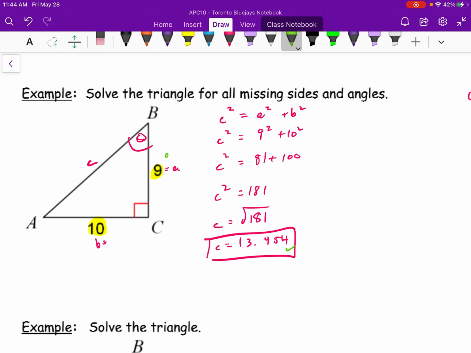Regardless, if that's theta, this is going to be adjacent, and this is going to be the side opposite. So I know that tan theta is equal to opposite over adjacent. Tan theta is going to be equal to 10 over 9. So theta is going to be the inverse tan of 10 over 9.